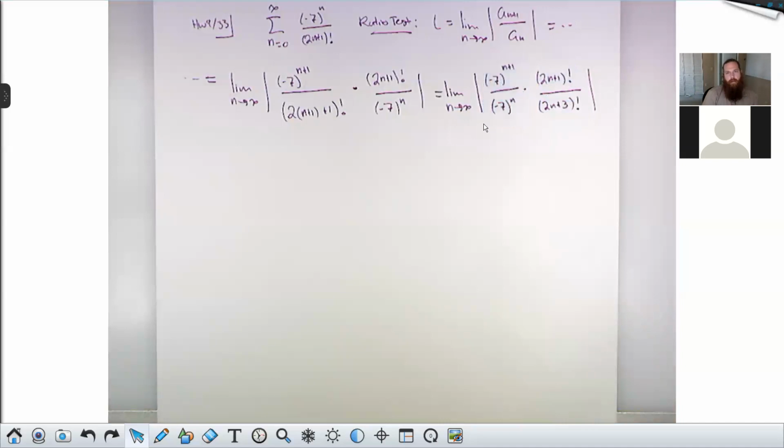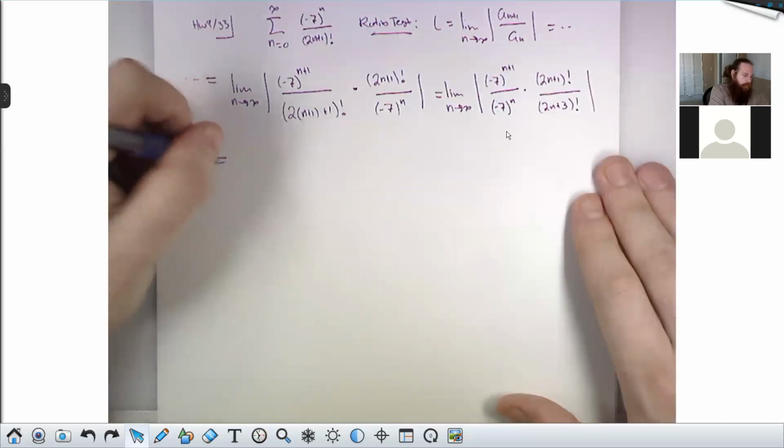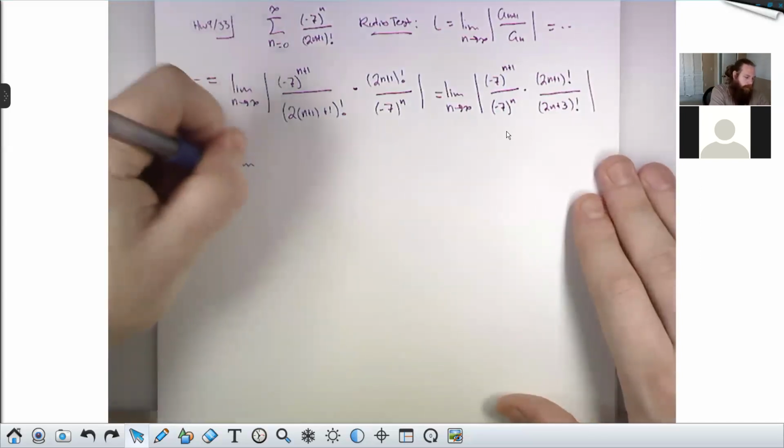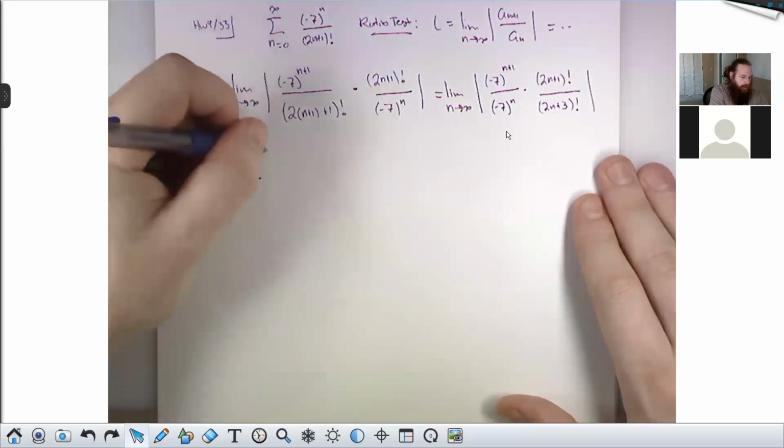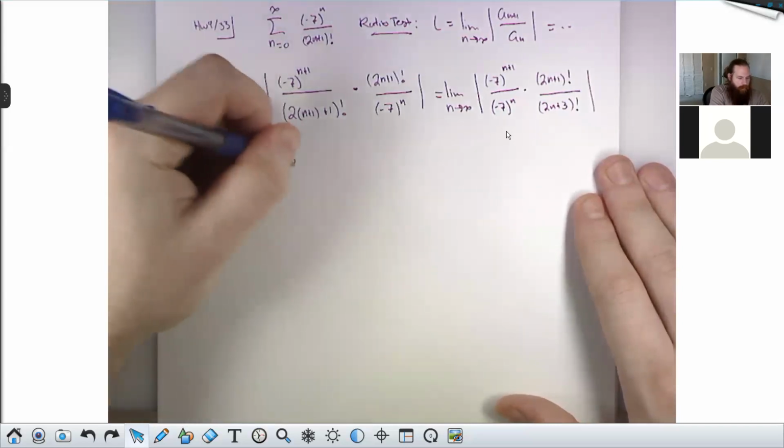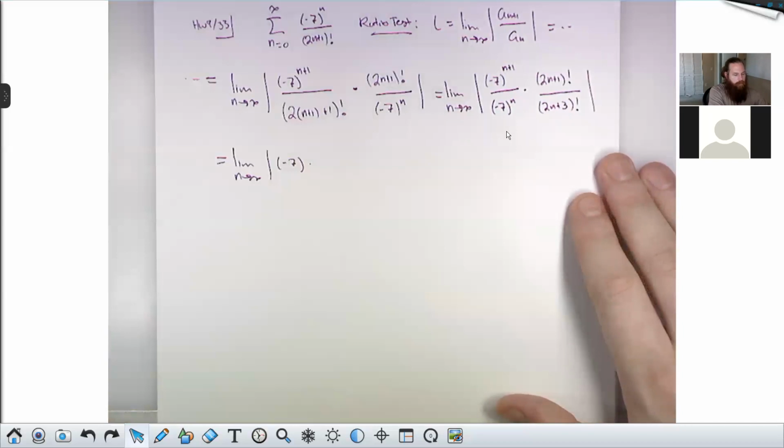Similarly here, I've got n+1 copies of negative 7 upstairs and n copies of negative 7 downstairs. So I have one more copy upstairs than I have downstairs. So I'll get the limit as n goes to infinity, absolute value of negative 7. That's the first piece.